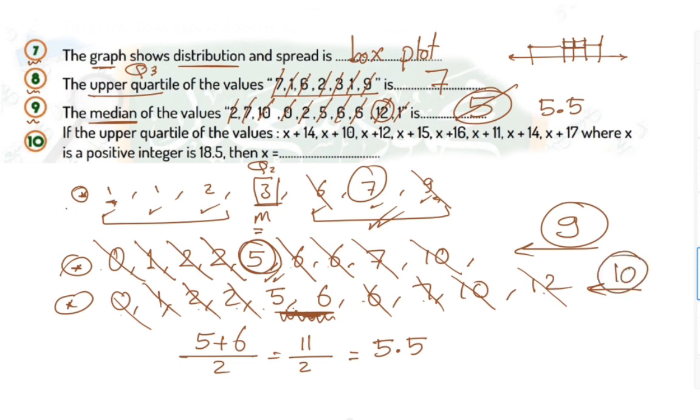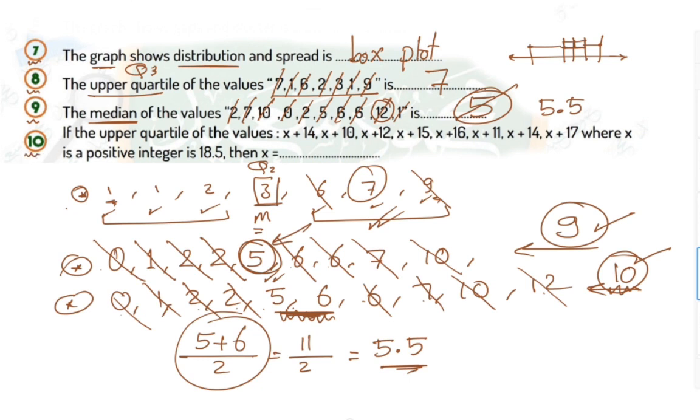So if the number of values is odd, you will find the median directly. But if the number of values is even, you need to use this way to find the value of the median.